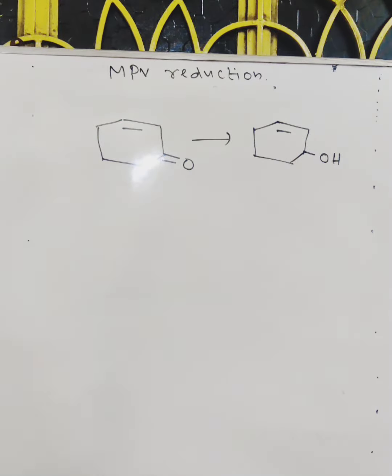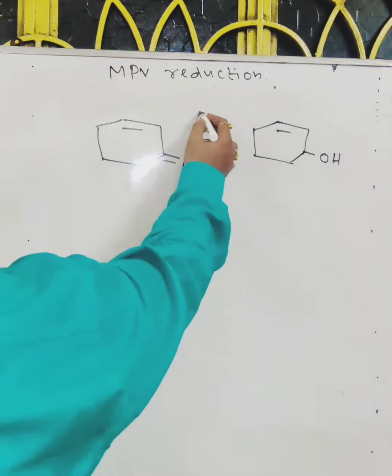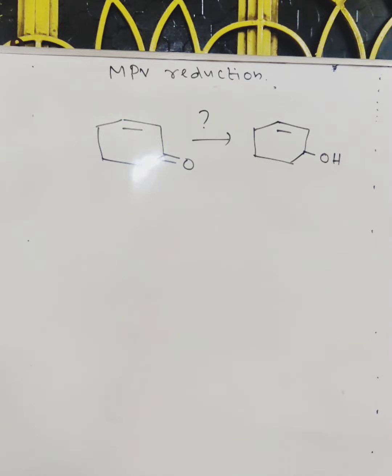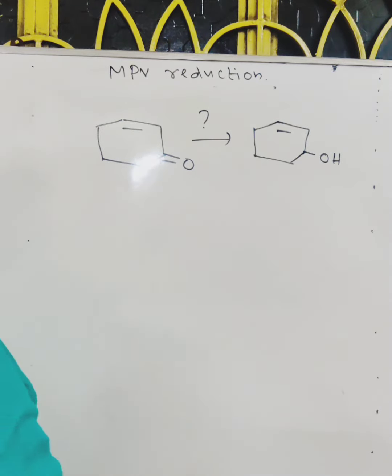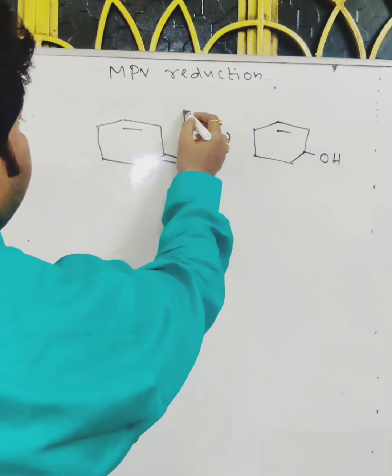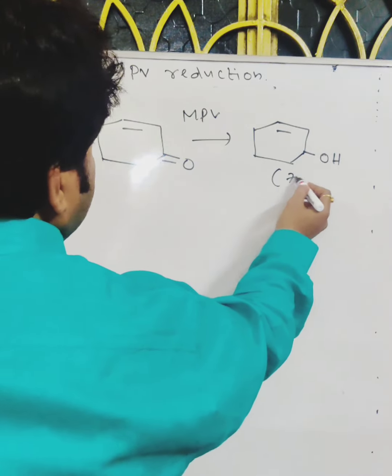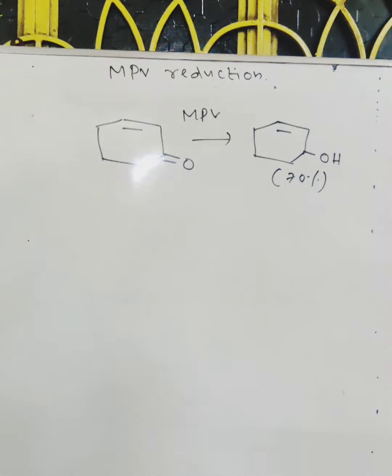Just write down the reaction at first. What are you going to use here? Think that this reagent should be such that it will not hamper the double bond. Clear? Yes, you can use MPV here. For this particular reaction, the yield will be 70%.